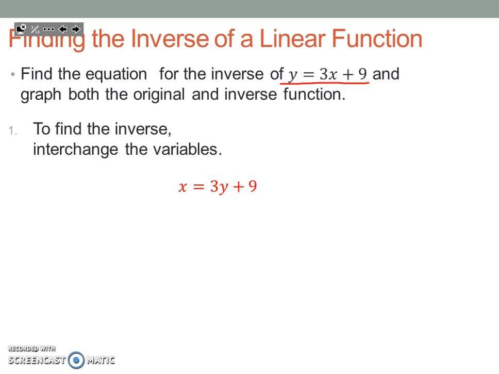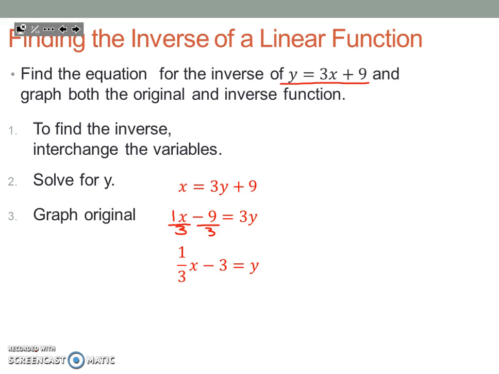Now, once I do this, I just need to solve for y. So I'm going to subtract 9 from both sides of the equation. Then I'm going to have to divide everything by 3. So if I take this 1 in front of it divided by 3, take a negative 9 divided by 3, I end up with y equals 1/3 x minus 3. I just switch my x and y's, and then I solve for y.